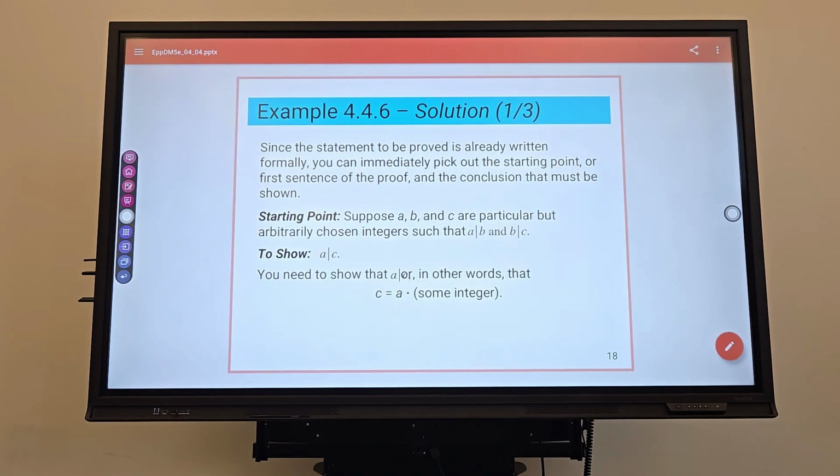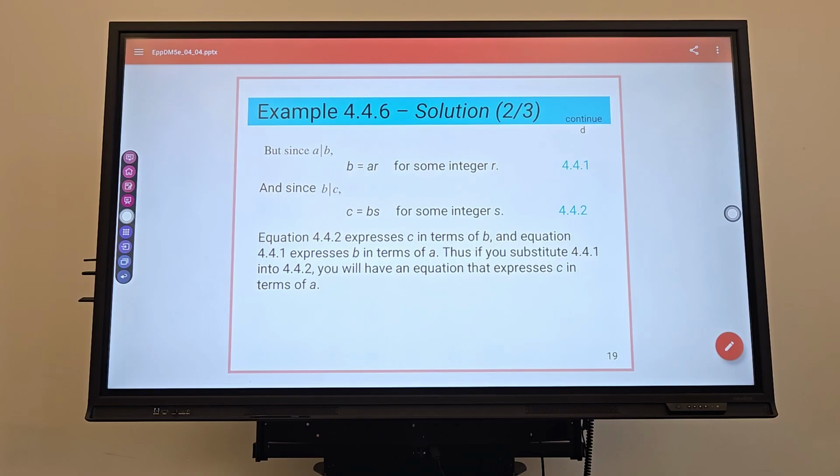Since the statement to be proved is already written formally, you can immediately pick out the starting point and the conclusion. Suppose a, b, and c are particular but arbitrarily chosen integers such that a divides b and b divides c. Show a divides c, or in other words, that c equals a times some integer.